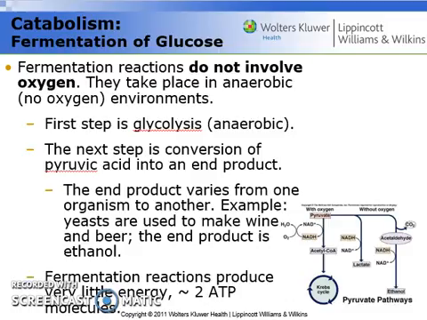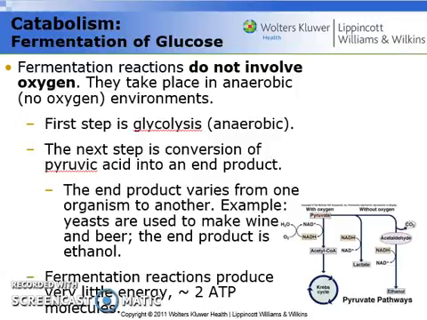Now, catabolism also has a process known as fermentation of glucose to help to develop ATP for a cell. It's not as efficient as cell respiration, because cell respiration uses the electron transport chain, and that generates about 34 ATP molecules.